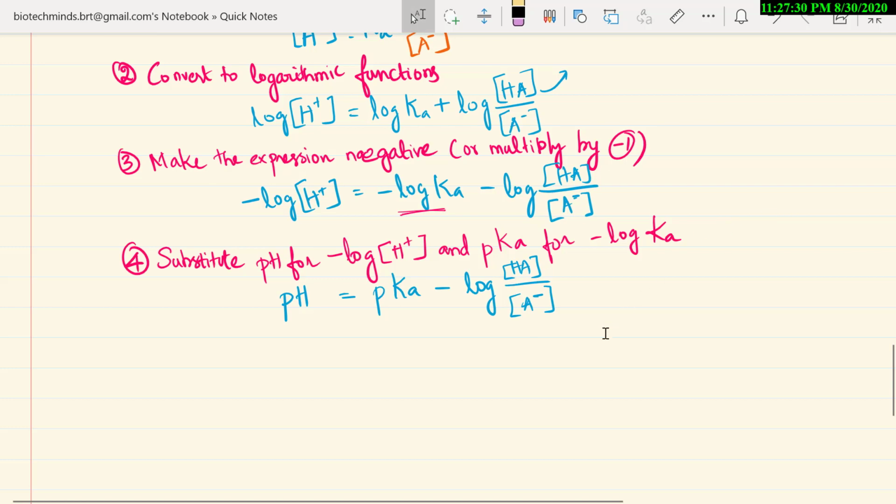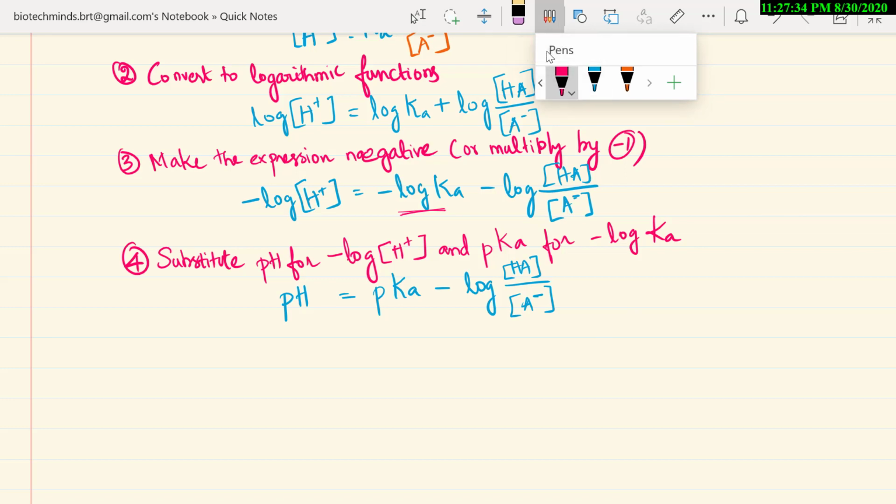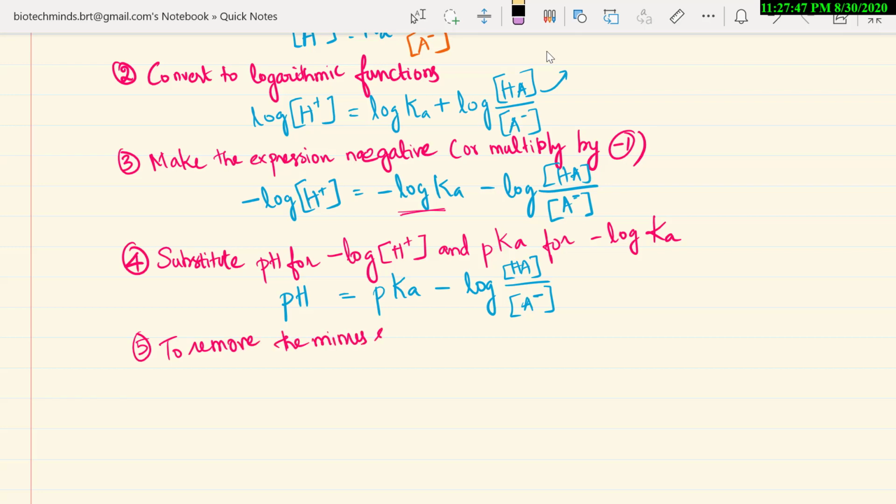So fifth step, what you are doing, to remove the minus sign, invert the last term.